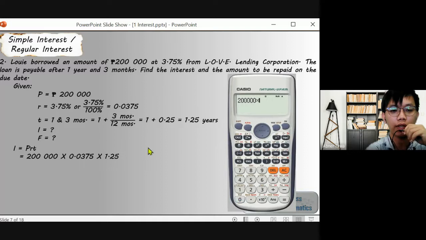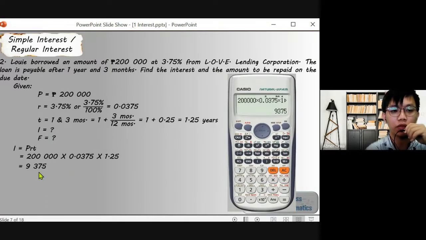So our interest will be 200,000 times 0.0375 times 1.25, and that is equals to 9,375. So that is the interest or the additional payment to be paid by Mr. Louis to the lending corporation.